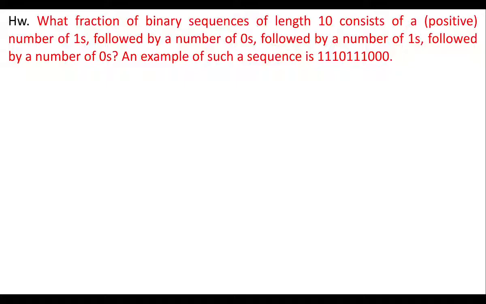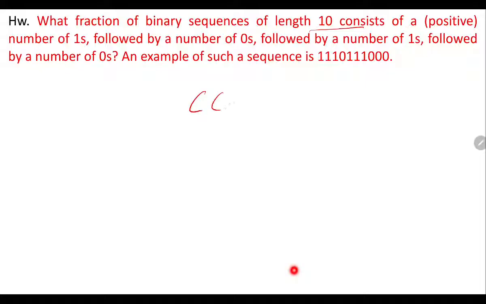What fraction of the binary sequences of length 10 with positive number of ones, zeros, and so on? If you think over it, a total of 10 identical items are there which need to be distributed in 4 boxes, assuming that each box has at least one item.